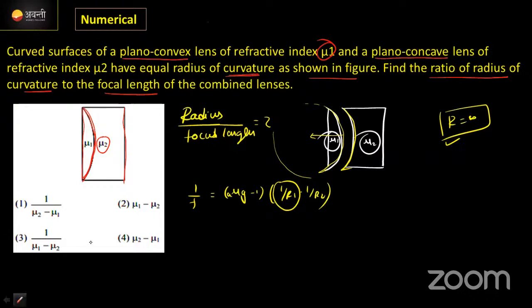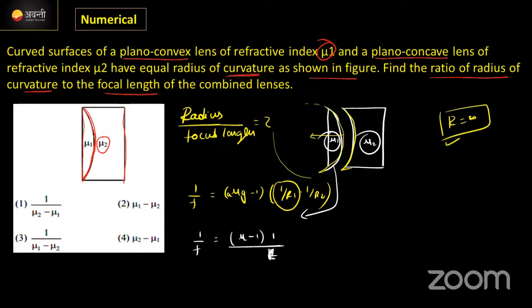That's why what I will do here: first, I will write the equation for the plano convex lens. For this surface, I will write 1 by f is equal to, simply, mu minus 1 into 1 by r. Correct? We can write 1 by r1 also, there is no problem, just I will write 1 by r.